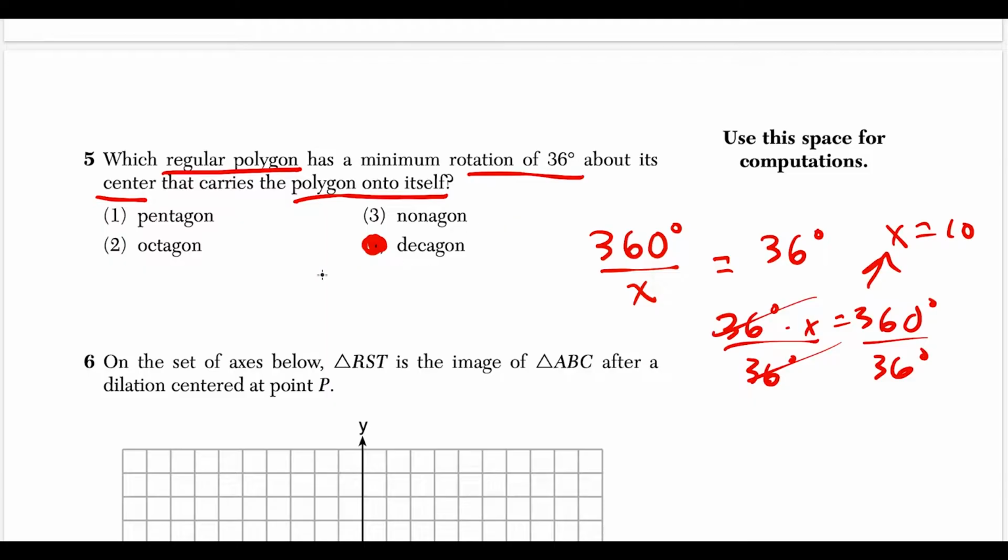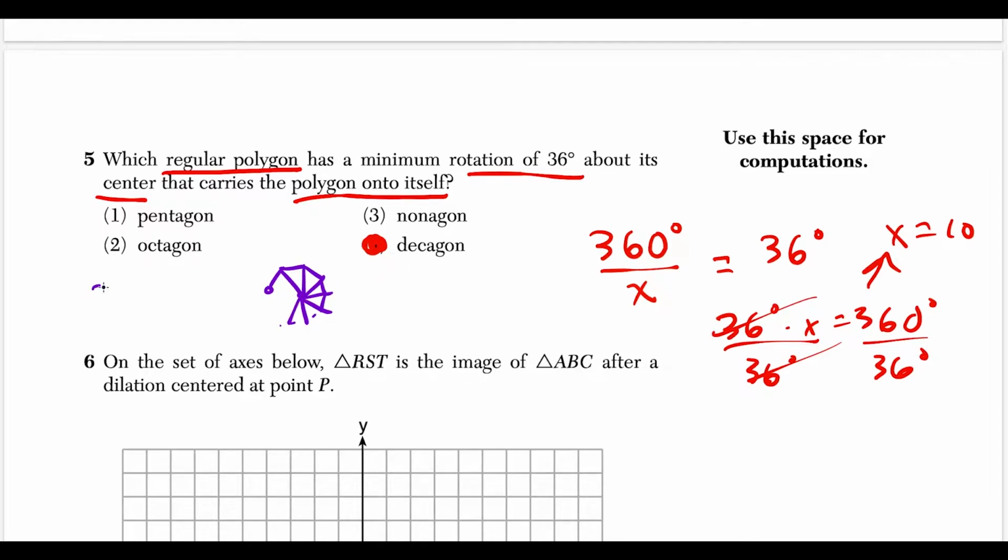Now, just so that you definitely get the concept of this, you have a whole bunch of points here. So we have 10 points, and I'll just draw this carefully. The idea is that if we have 10 sides, then we're going to have 10 central angles that connect to each of these vertices going around.